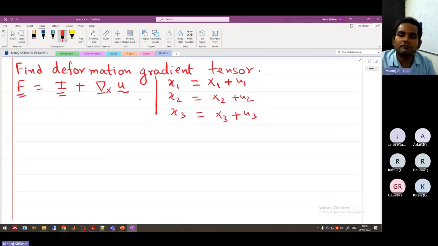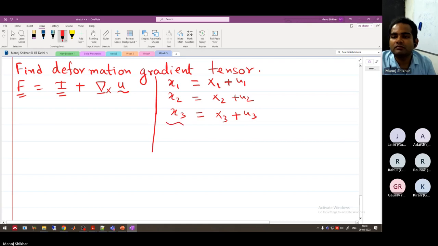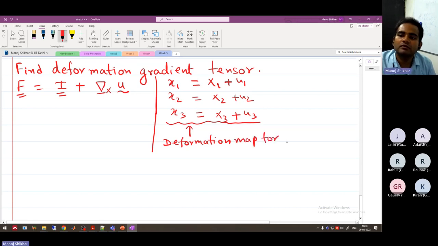So now, from displacement, you have found the deformation map. Suppose I asked you to find the deformation map for the above displacement given, this is the deformation map.